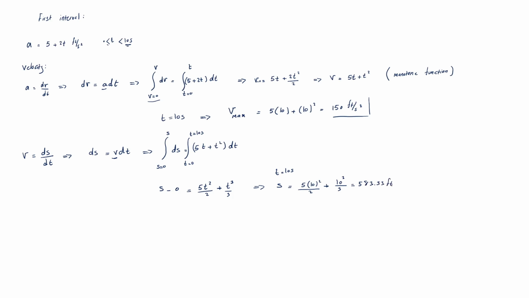It means at time 10 seconds, the velocity of the race car is 150 feet per second, and the position of the race car is 583.33 feet. We are using this information for the second interval.